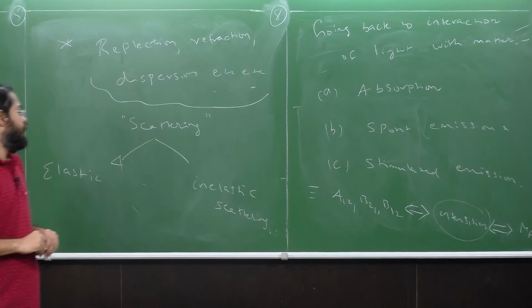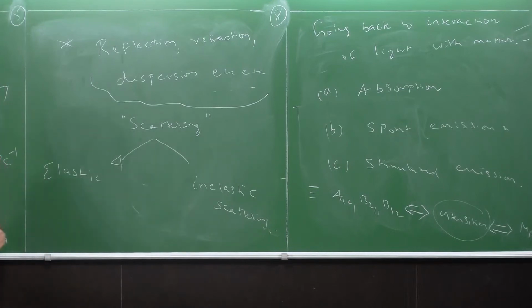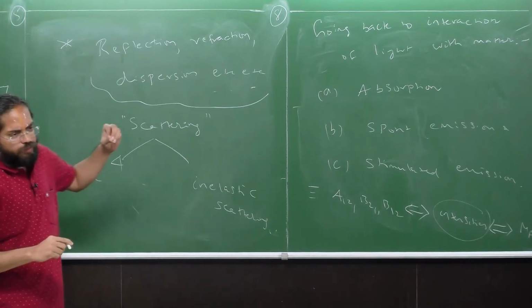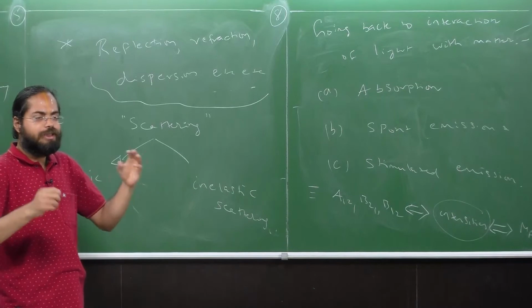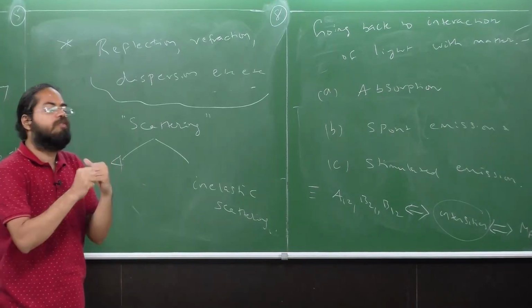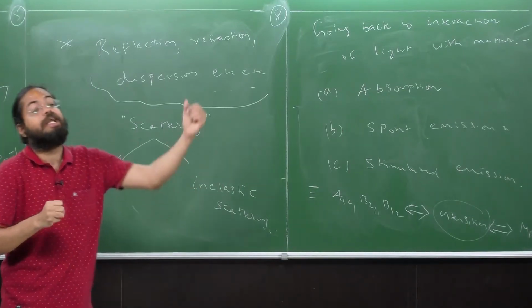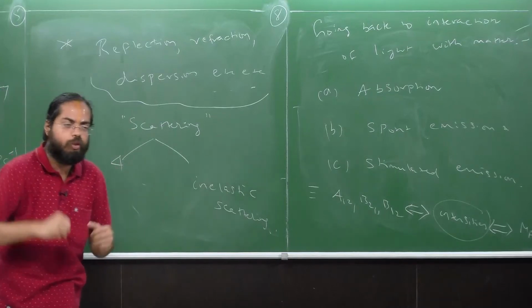Now, what happens in elastic scattering? In elastic scattering, the incident photon which interacts with matter, the photon's energy, the kinetic energy of the photon and its momentum, both are preserved.